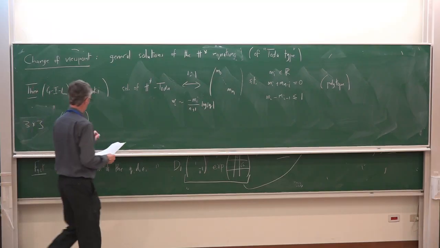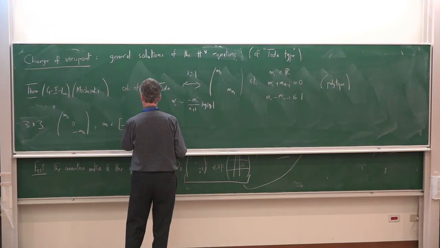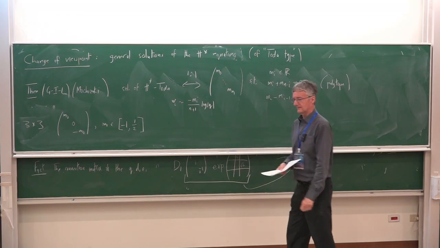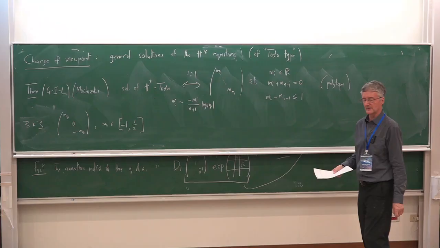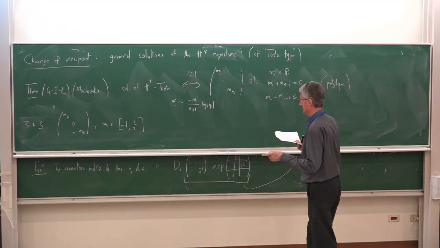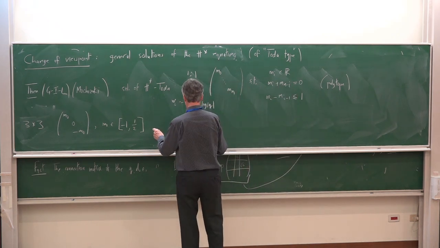These conditions mean that it's the values between -1 and 1/2. Actually, this was known by Cecotti-Vafa. If you look at their original paper, you'll find this 3x3 case, although I think they didn't quite have the solution of the TT star equation in that case. They had it in the 2 by 2 case. So how does this look?